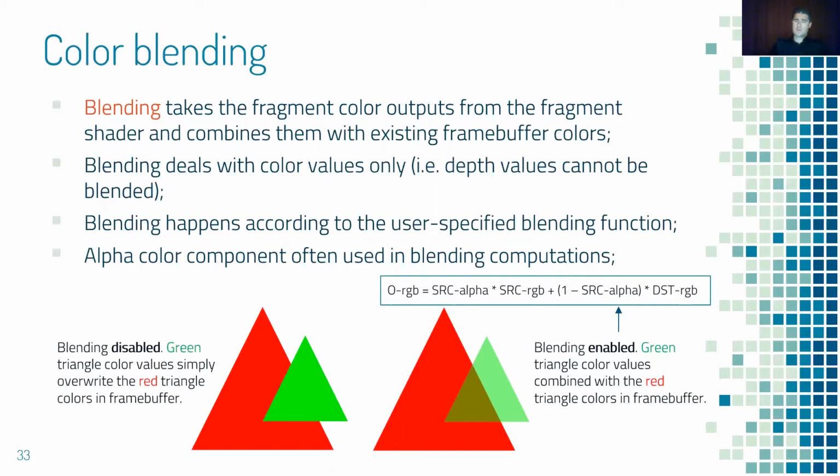It's usually used to achieve transparency. So what happens is that the value of the green triangle is combined with the color in the frame buffer, and that's the result. You see, the red triangle is shown under the green triangle.